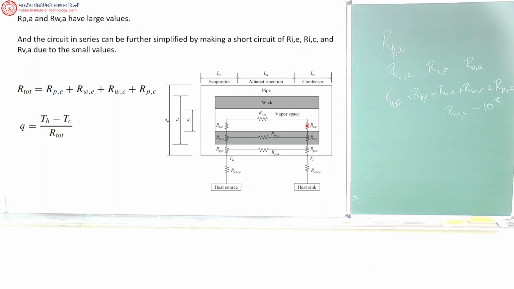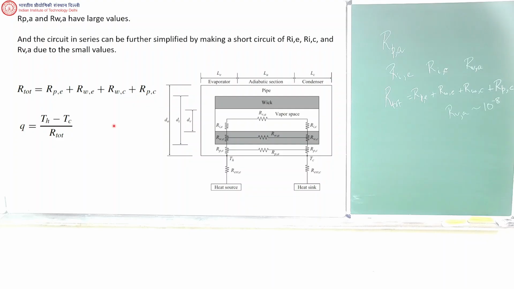Yes, vapor is generated in the evaporator section and then moves towards the condenser section, but vapor has much lower thermal conductivity, right? So that is 10 to the power minus 8. I'm trying to give some reason for why we have arrived at this. So look at the individual values of the resistances and you should be able to say why this is large and why this is small, correct? We are not doing it blindly.